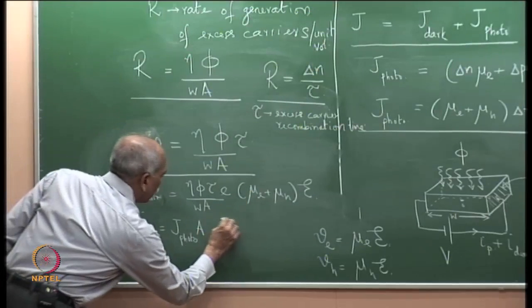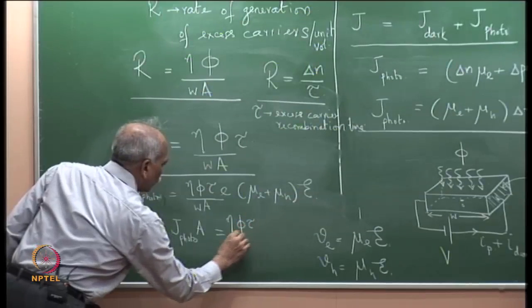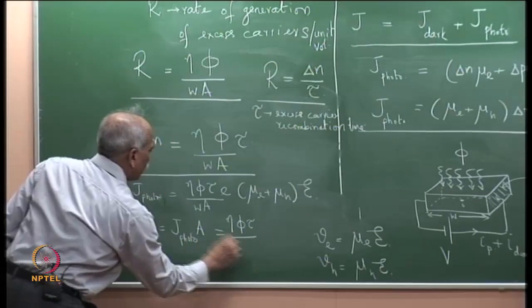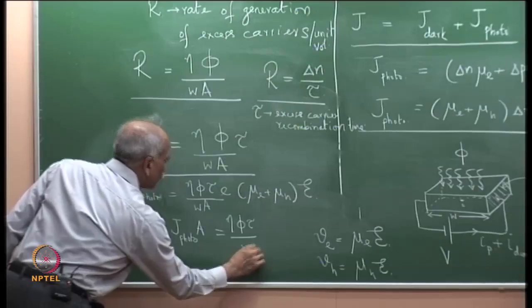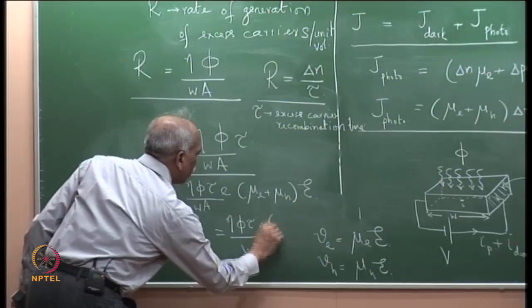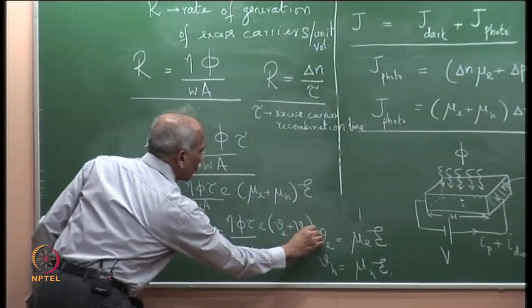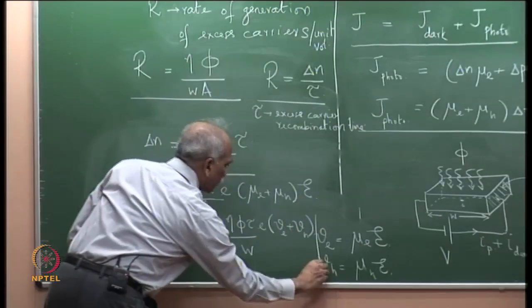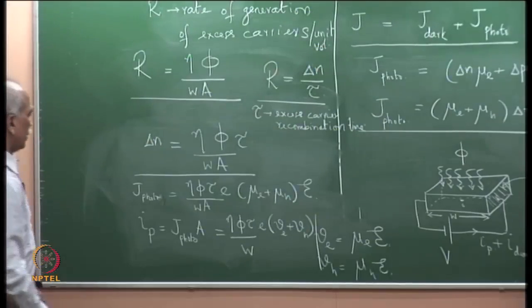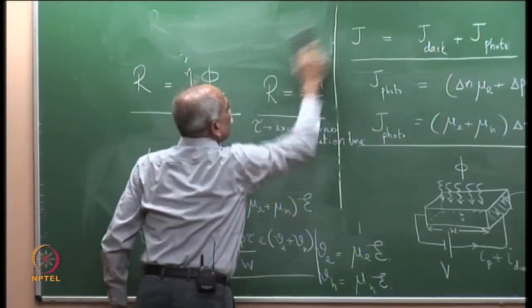So, this is equal to eta into phi, I do not want to jump any steps, divided by W into e, let me keep e, into v e plus v h. So, this is IP. I do not want to jump any steps so that we do not miss anything.